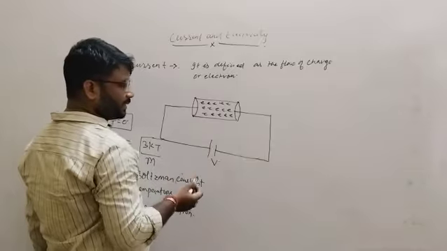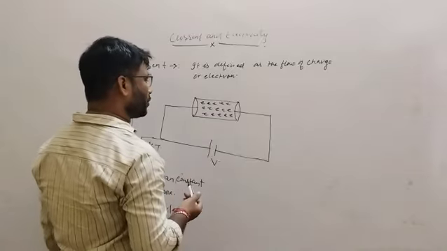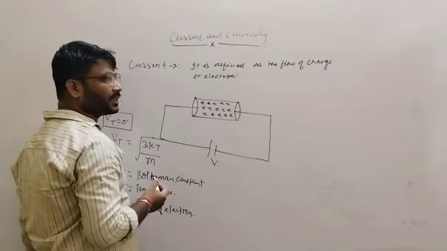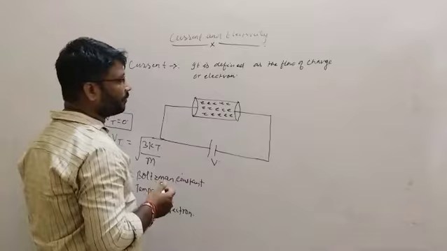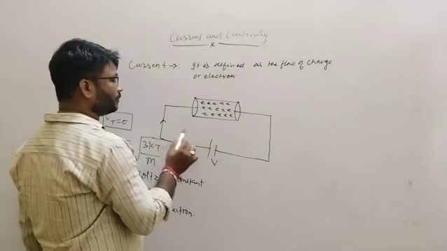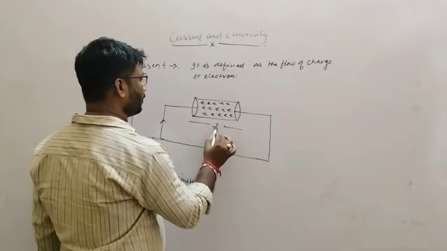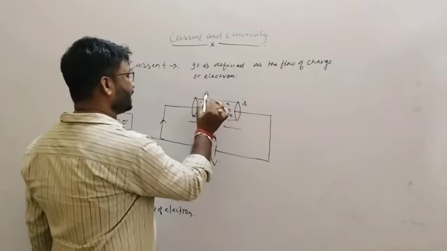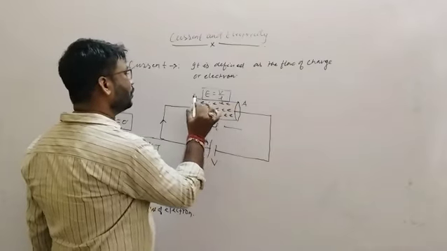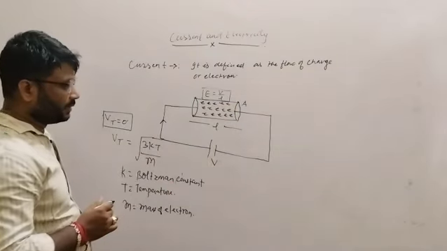When we apply an external source of energy, that is V, across the conductor, these electrons get aligned in a certain direction due to the influence of the electric field established across the conductor. This electric field is given by E equal to voltage per unit length.